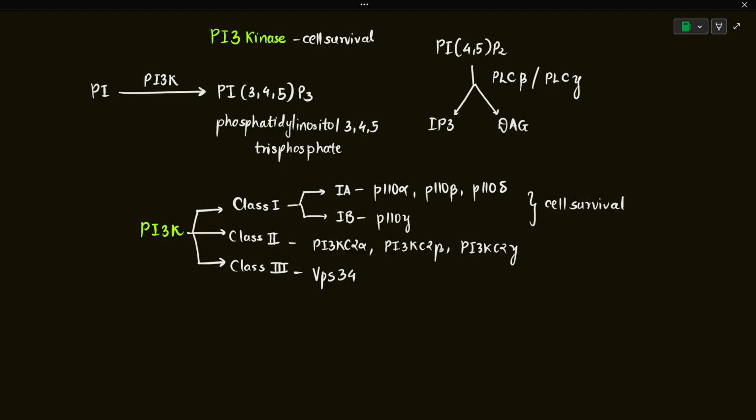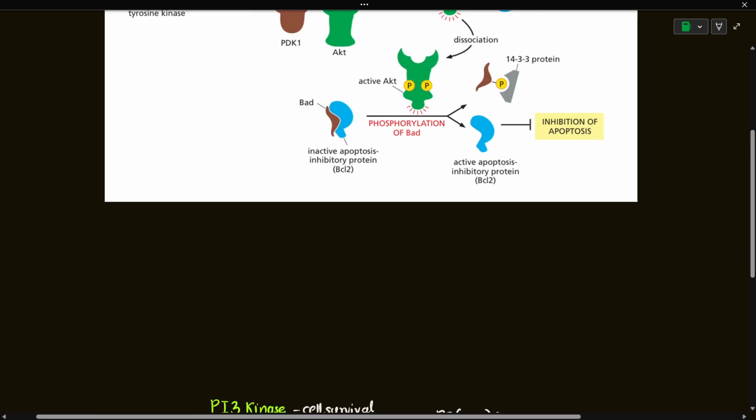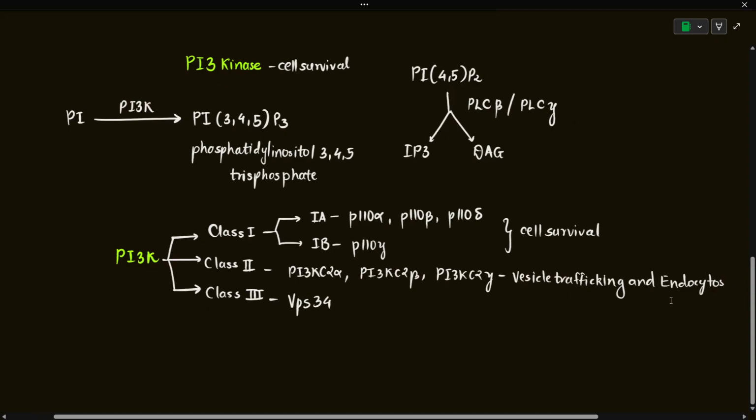How this class 1 category of PI3 kinases does the job of cell survival. On the contrary, the class 2 kinases are very important and they help in vesicle trafficking and clathrin mediated endocytosis.